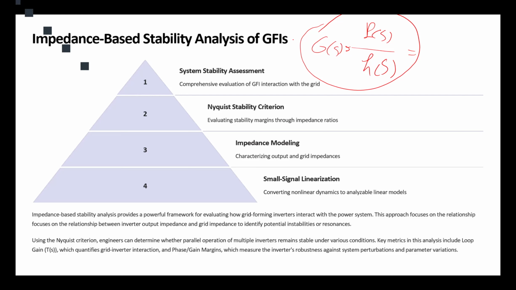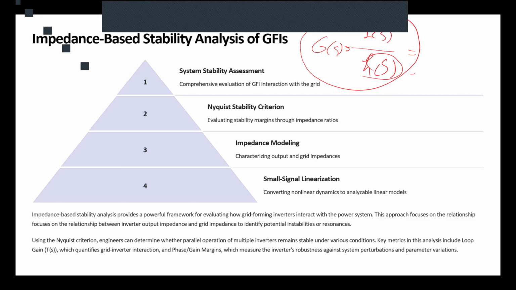In calculus, you should not have a denominator equal to 0. So any value that makes H(s) equal to 0 is forbidden. Are we good? Now, any value that makes F(s) equal to 0, what's that situation?